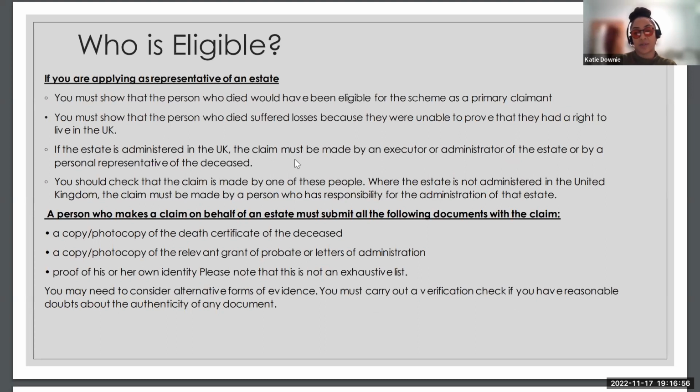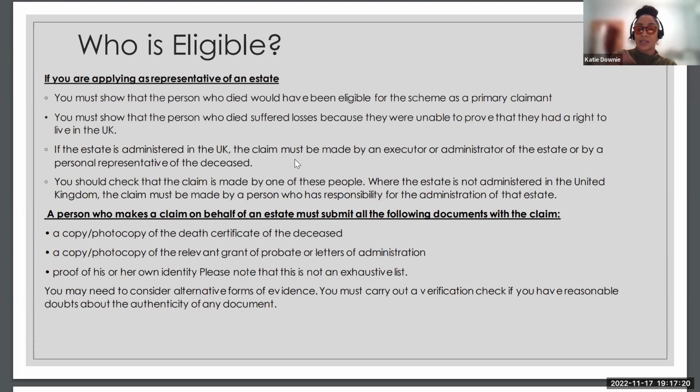So say, for example, if you have a sibling group and you want to make an application on behalf of your parent who's deceased, then you need to make a decision of who that person is going to be, because only one person from that group, from the family, can make a claim on behalf of a representative of an estate.